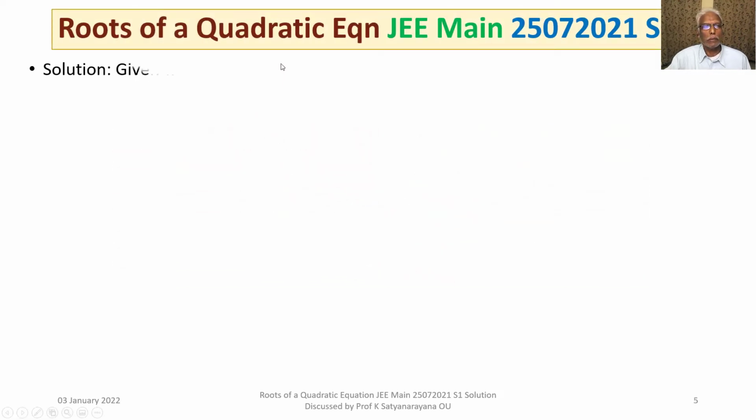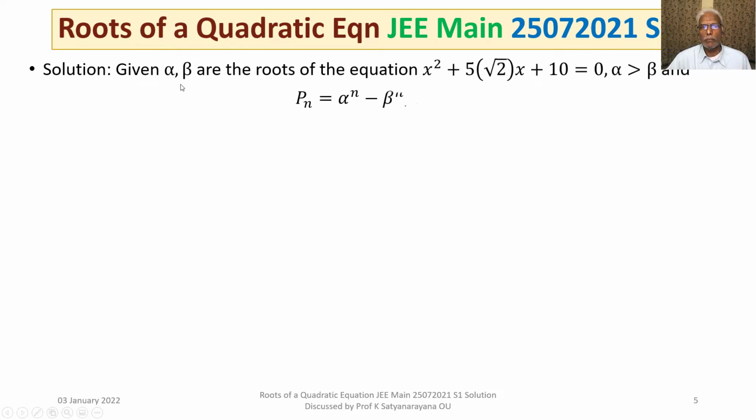We now discuss the solution of the problem. We are given alpha, beta are the roots of this quadratic equation x square plus 5 root 2 x plus 10 is equal to 0, where alpha greater than beta and Pn is equal to alpha power n minus beta power n for all n belongs to the set of natural numbers.